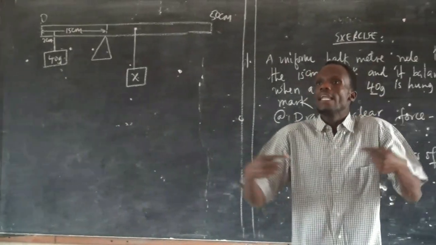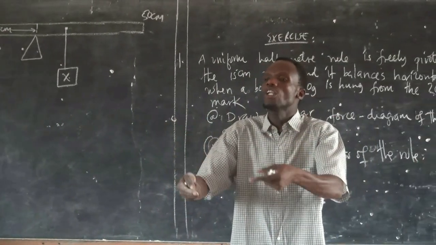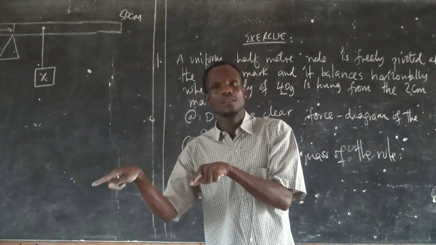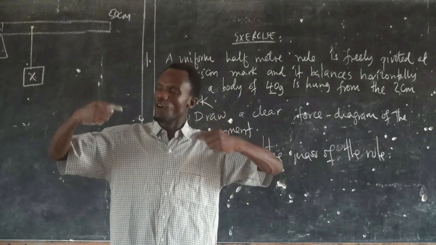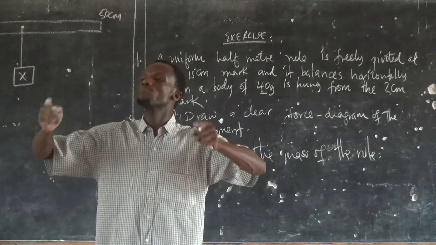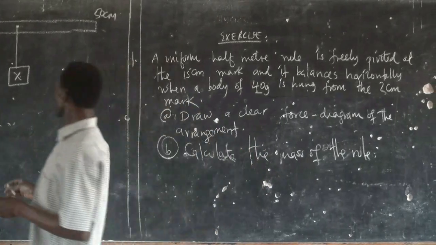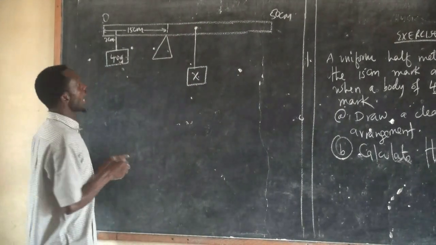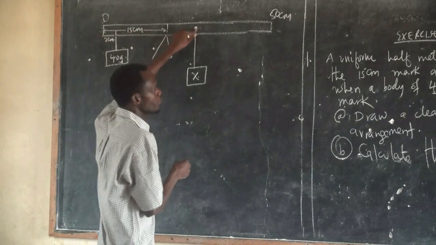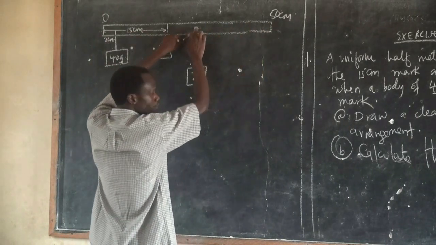I've been telling you, the mass of a uniform body is always concentrated at its center, and that's why we say the center of mass for a uniform body is at its midpoint. Now, the mass of the ruler is hung at its midpoint. From here up to here is 25, and from here up to here is 25.